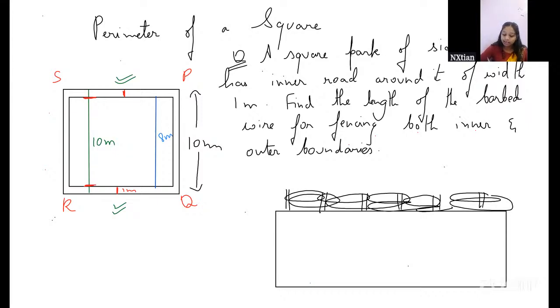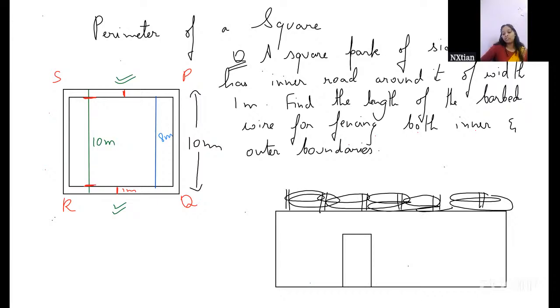And here is your door to enter. When barbed wire is placed this way, it will not affect the entrance. It will not need a separate area. It will be above your wall.